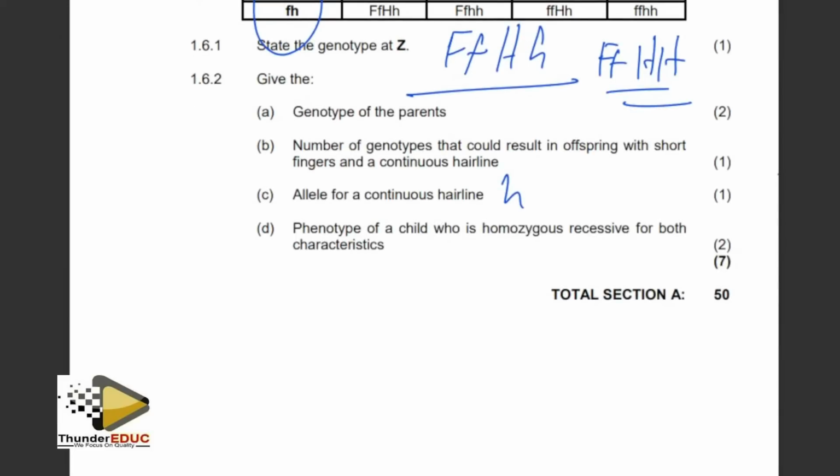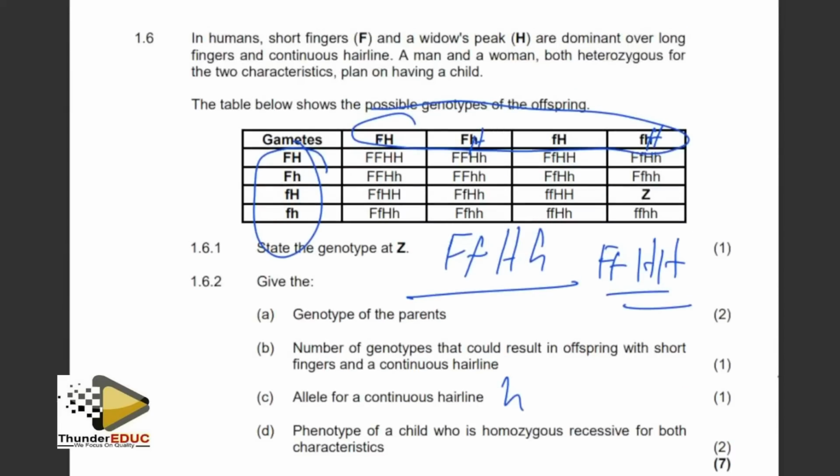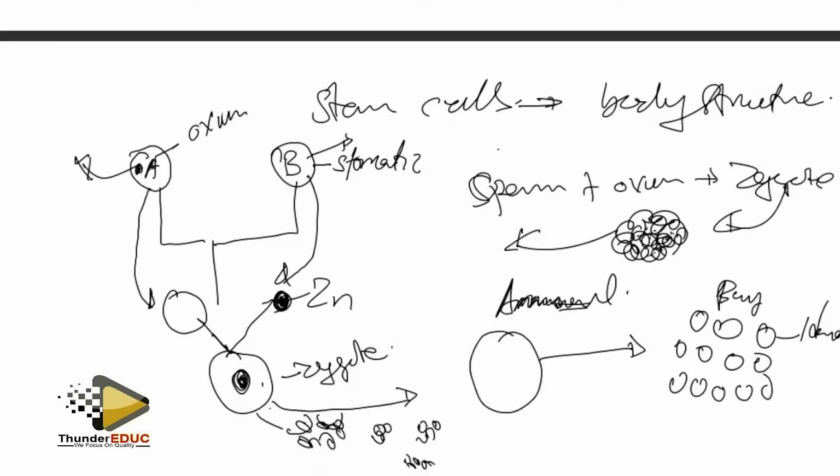This dihybrid cross is simple. You should not go to the exam when you don't know anything. Welcome to evolution. Now, evolution.